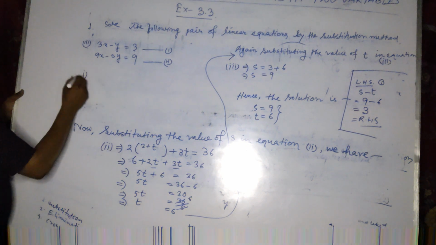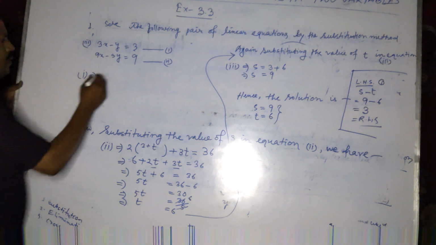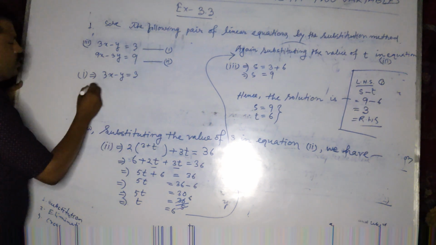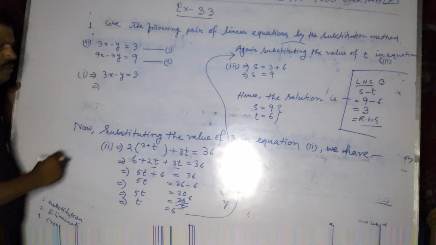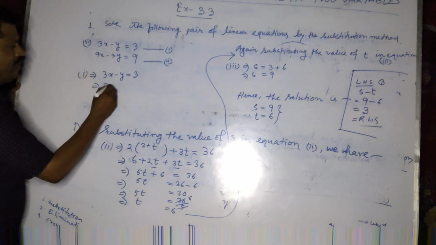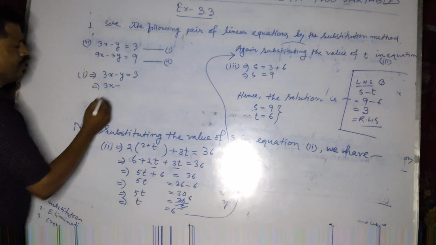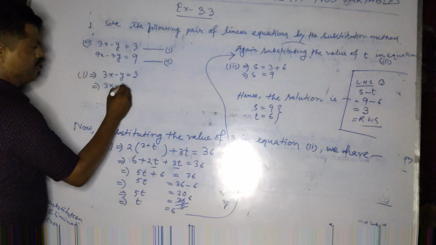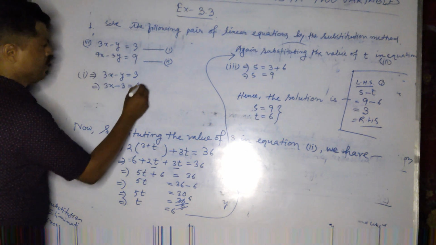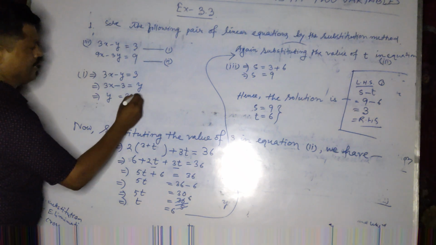From number 1 we have to take any variable's value. 3x minus y is equal to 3. If we transfer y to the right-hand side, it will be positive. The 3, which is positive on the right side, will be negative after transferring to the left-hand side. So 3x minus 3 is equal to y.